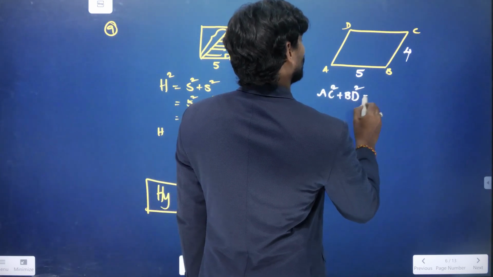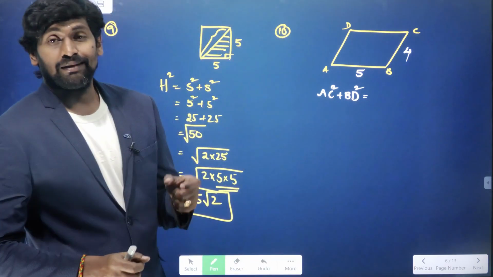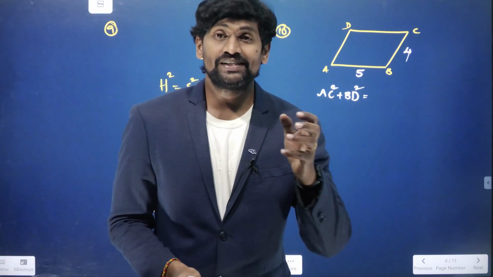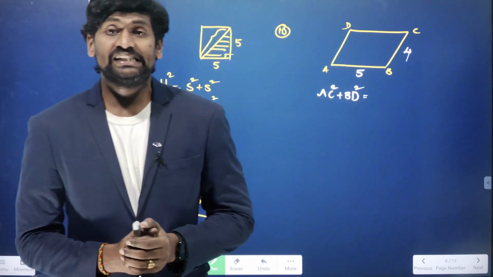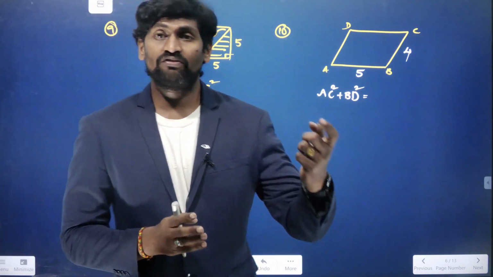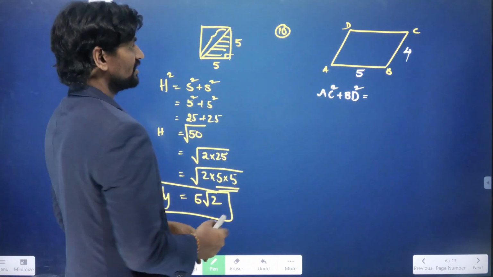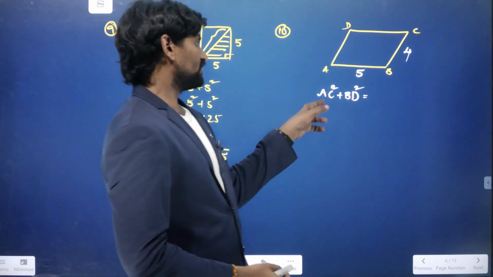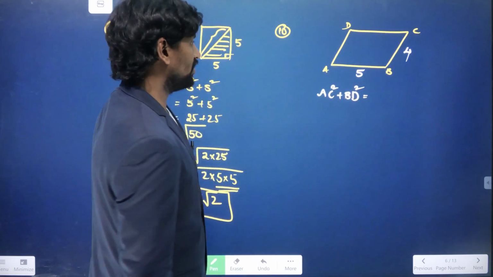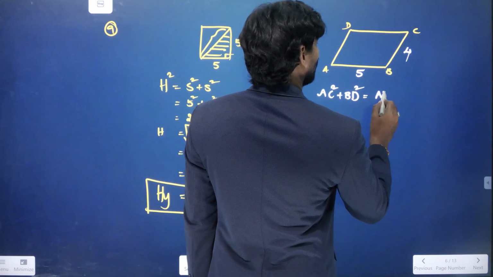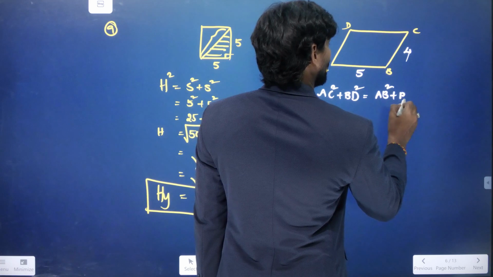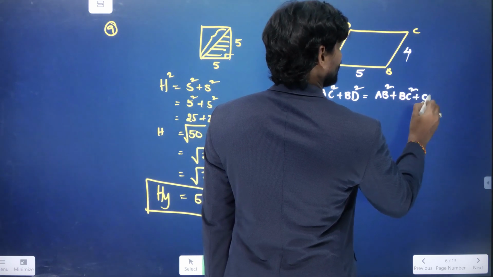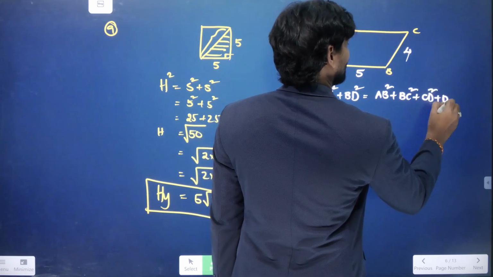In our previous class, we already discussed that the sum of the squares of all sides of a parallelogram equals the sum of the squares of their diagonals. That means AC is a diagonal, BD is a diagonal. Sum of the squares of both diagonals equals AB square plus BC square plus CD square plus DA square.